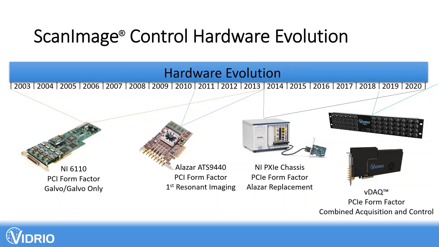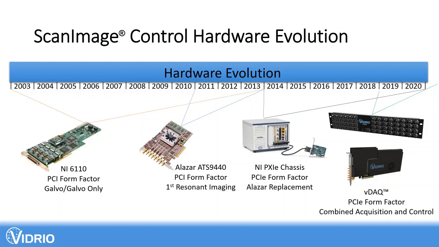It was a PCIe form factor and had a lot of configurable cards you can slide into the slots of the chassis, and it was a good initial replacement for the Alazar cards for resonant scanning. You could get a nice FPGA for resonant scanning, for example, on one of the cards. We did run into limitations over time, and we tried to work with NI to develop cards that got rid of those limitations, and ultimately we wound up developing our own card, called the vDAQ, and so I'll tell you a little bit more about that.